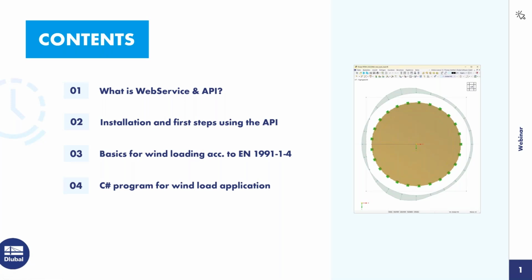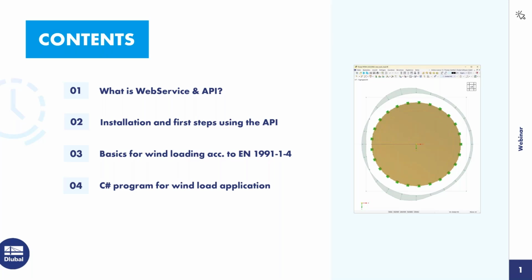Here is the content of my presentation and also my webinar. During the first chapter, I'll be talking about what a web service and API is. Then I'll show you how to quickly install our C# library, plus the first steps with using our API.